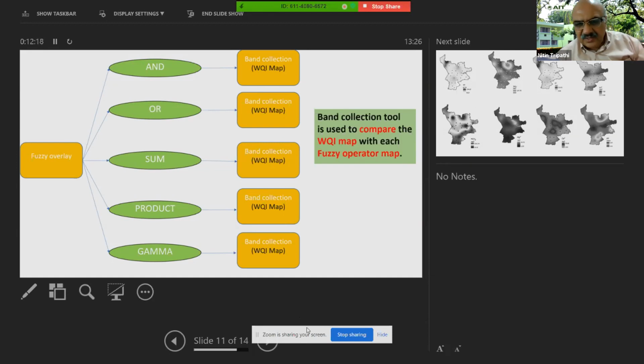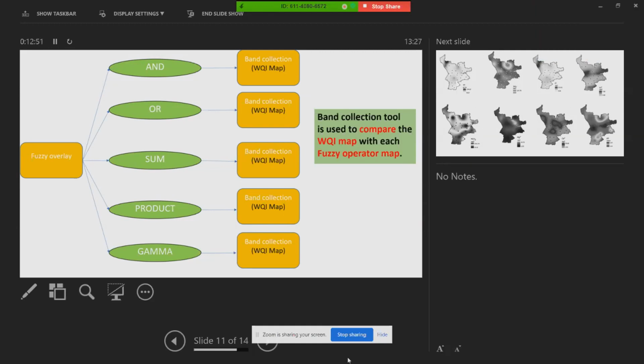Slide number 13, gamma 0.9 has the most correlation. What is gamma? Sorry, teacher, you mean the gamma membership? The gamma function, slide 13. Okay, Kun Prabhas, you can continue with Shashank.